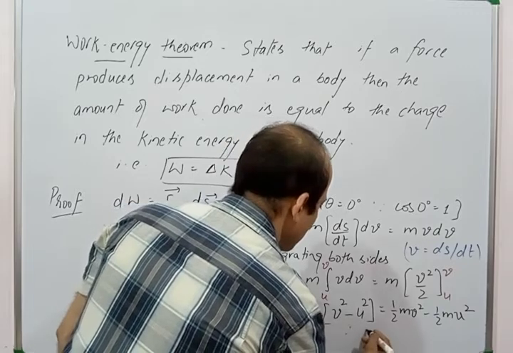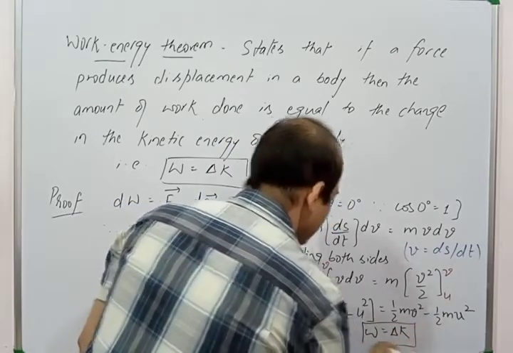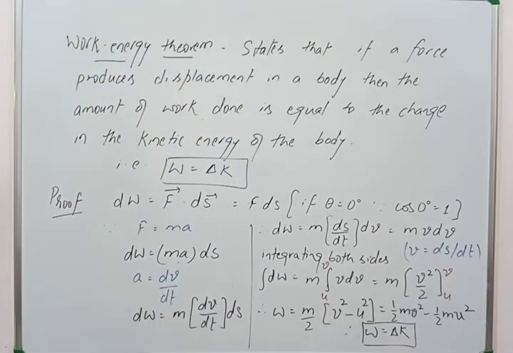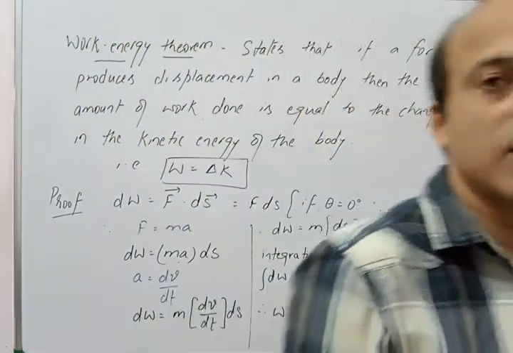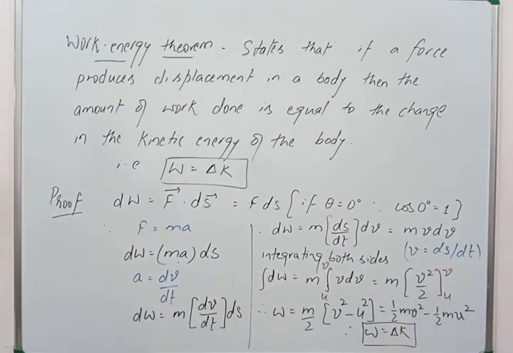Hence, your work done equals to change in the kinetic energy. Proved, na? So this is how mathematically you can show that if the force displaces the body, then the amount of work done in the process can also be obtained as a result of change in kinetic energy of the body. Right.